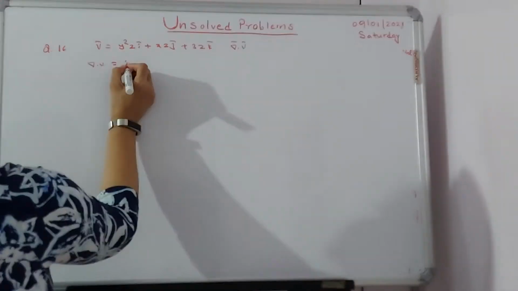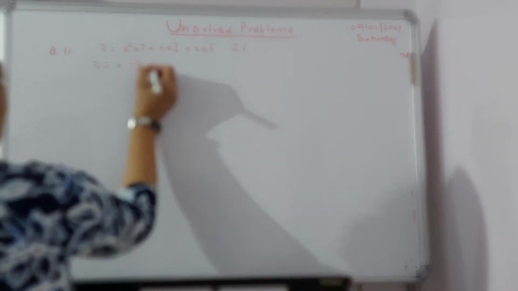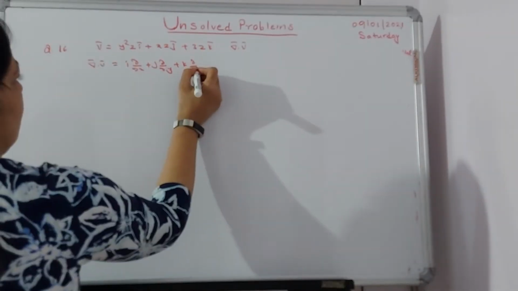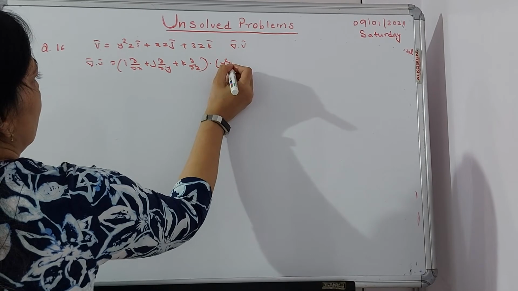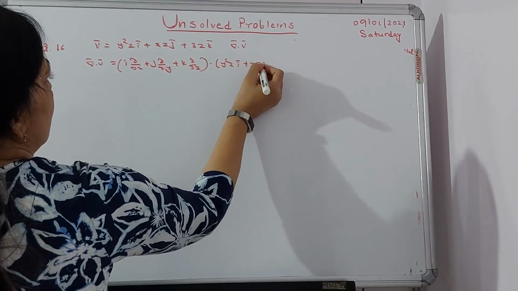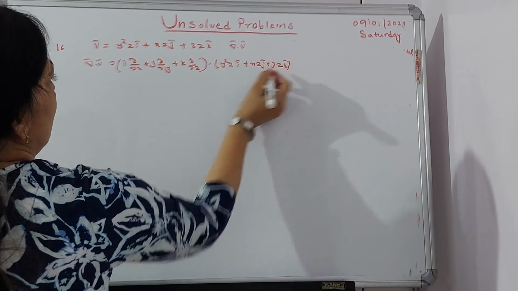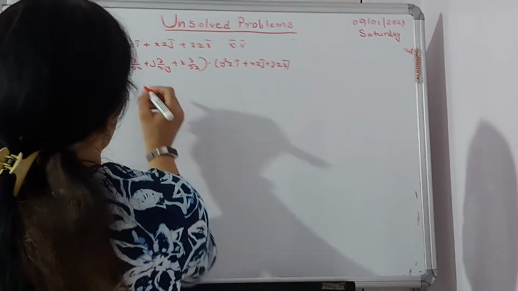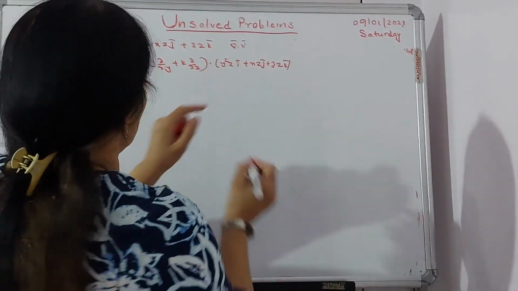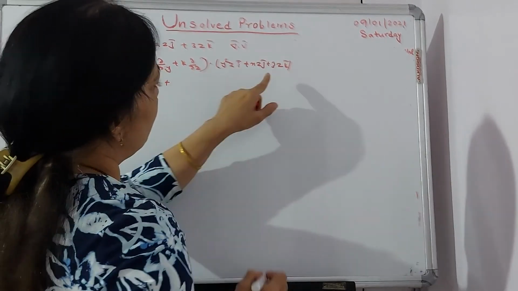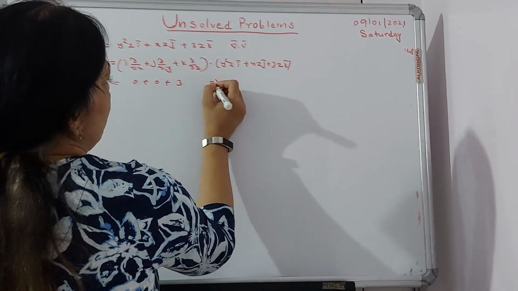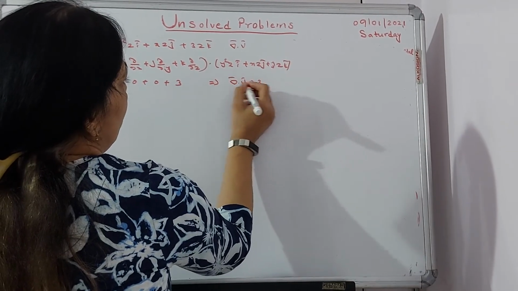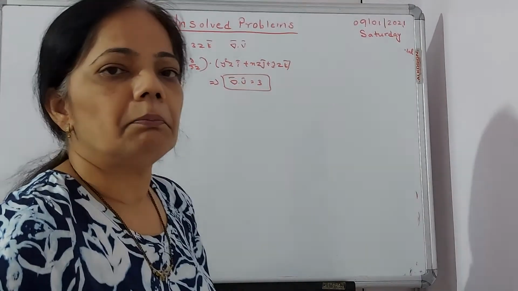So del dot v will be i ∂/∂x plus j ∂/∂y plus k ∂/∂z of the given vector. As far as i dot i is concerned, ∂/∂x of y²z is 0. ∂/∂y of xz will be 0. But ∂/∂z of 3z will be 3. So this implies divergence of v, the answer is 3. As simple as possible.